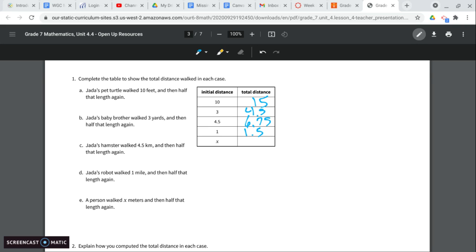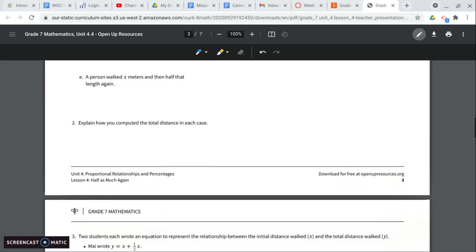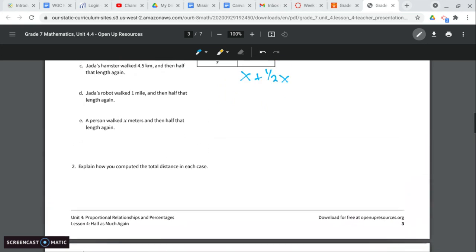And E, a person walked X meters and then half that length again. Well, X plus 1/2 X, because that's how we'd represent that they went half that distance. We multiply it by 1/2 to find that. So for number 2, explain how you computed the total in each case.